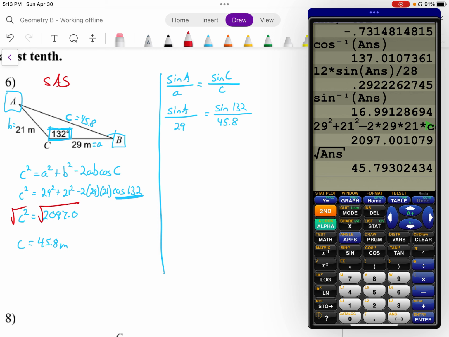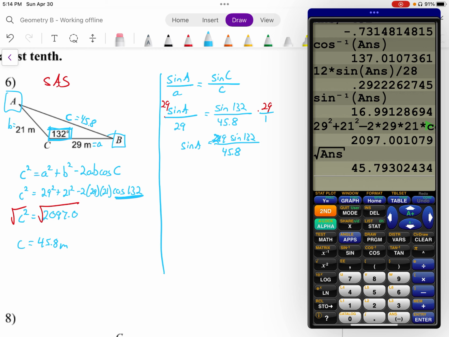And now we're solving. Multiply both sides by 29. Sine of A, we can put this over 1, equals 29 times the sine of 132 over 45.8.